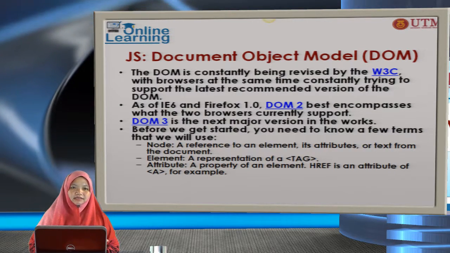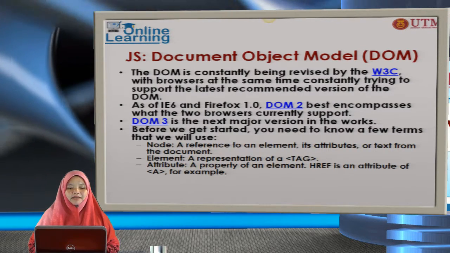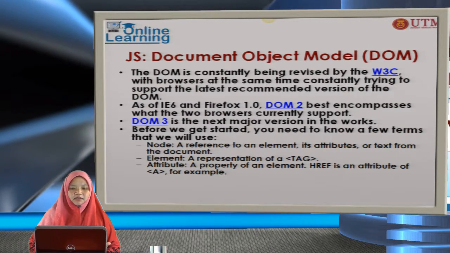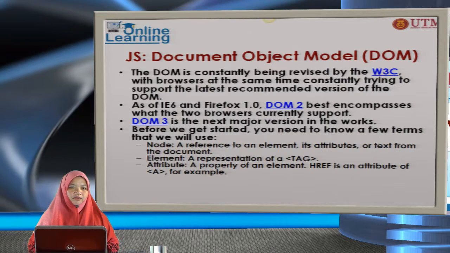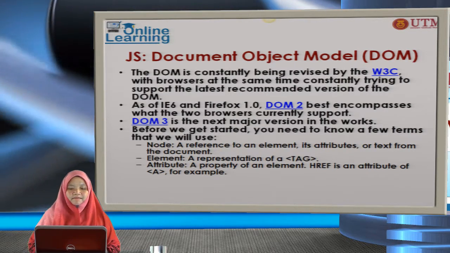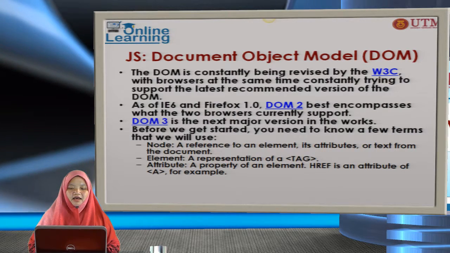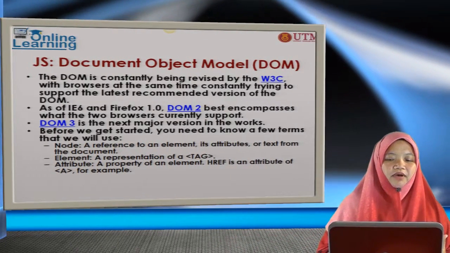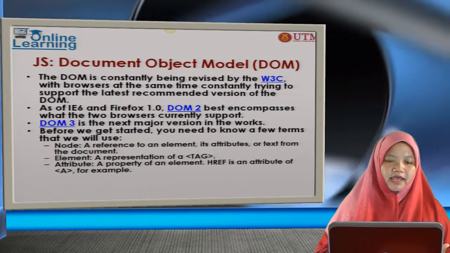The next one is element. An element is a representation of a text. And the last one is attribute. This is a property of the elements. For example, if you have href, you have to refer to the attribute of A.